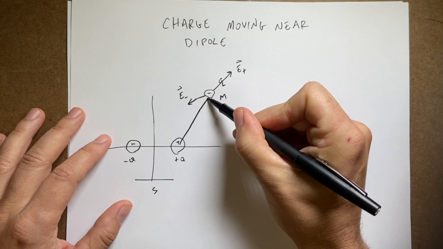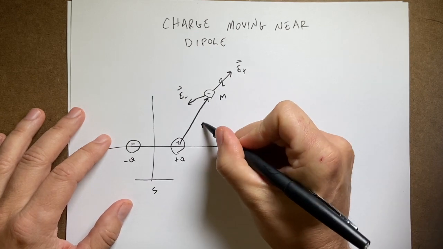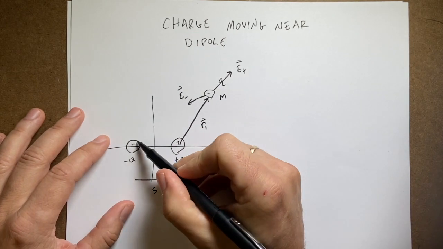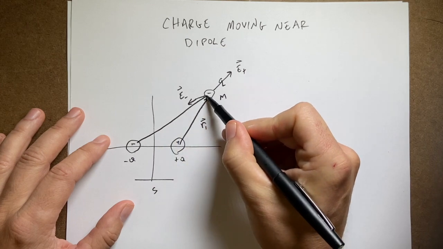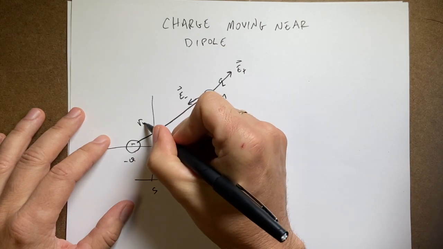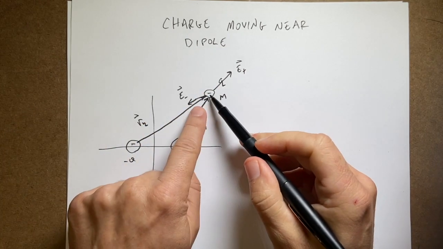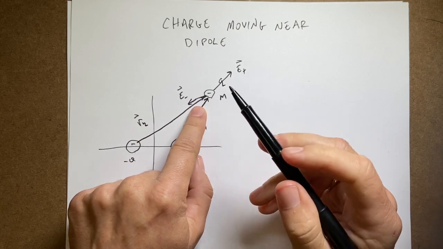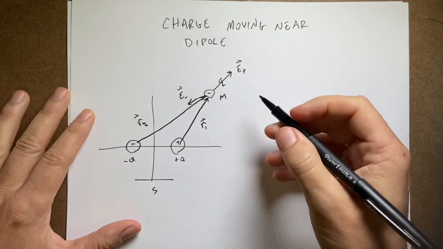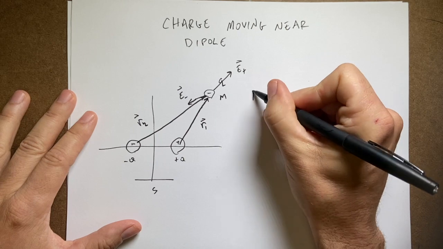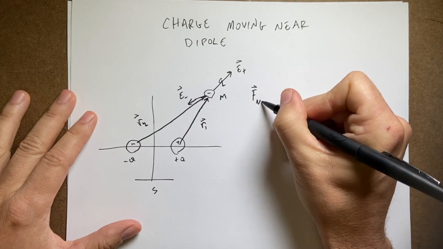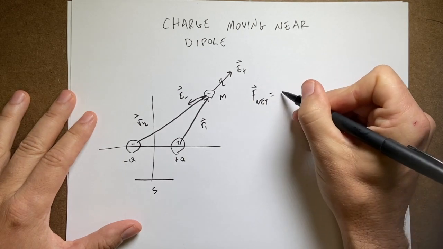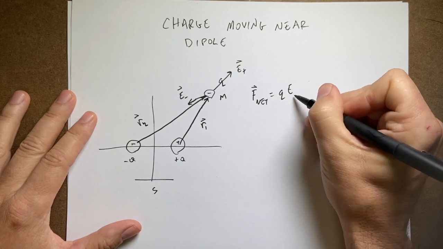Let's call this R1, and this vector R2. So I'm going to have to find those two vectors and then calculate the respective electric fields, calculate the total electric field, and then I can calculate the force. F net is going to be q times E net.